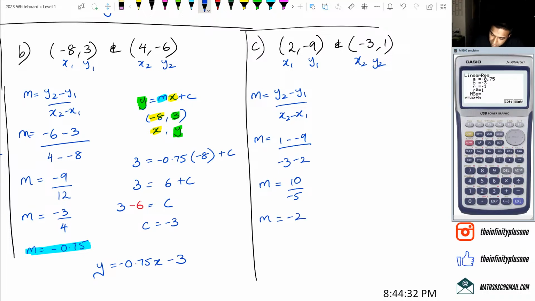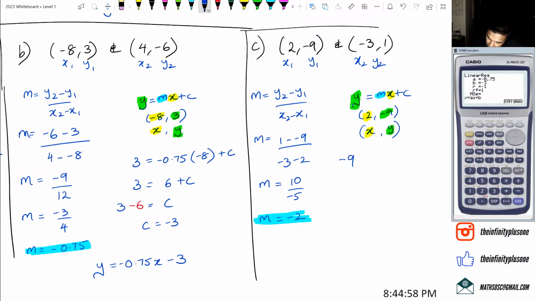Once we get the gradient as minus 2, we're going to put in y equals mx plus c. The point I'm going to use is (2, -9), so that's my x and y value. My gradient is negative 2, my x value happens to be 2, and my y value happens to be minus 9.